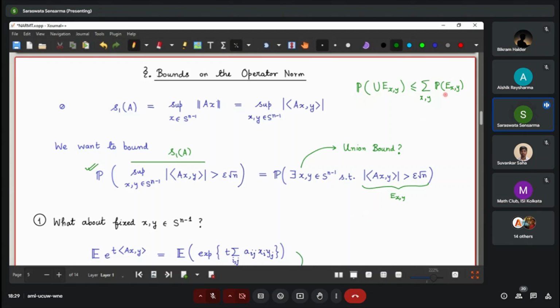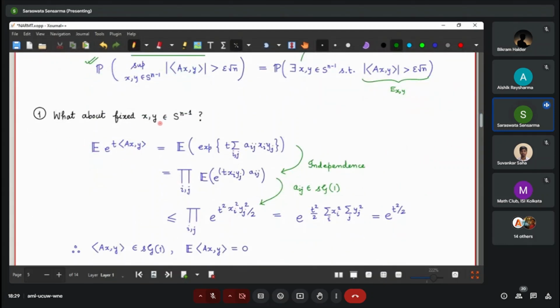But till then, let's just look at one of them. So what about fixed x and y in S^(n-1)? Now we see why we took such strong bounds on the moment generating function. If you look at the moment generating function of this random variable Axy, we have the expectation and we can split it up. All of these terms in the sum are independent, so we can take the sum out as a product, because it is a sum in the exponential.